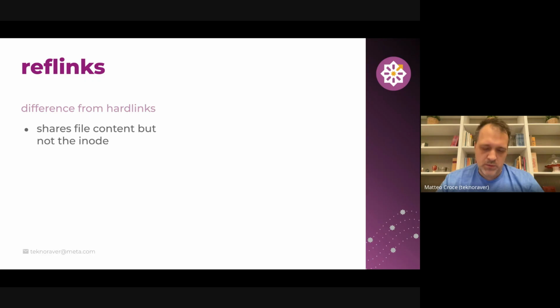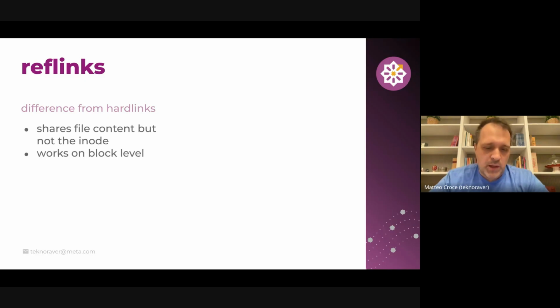So what happens with the hard link is that when you change the metadata of a copy, if you change the owner, the permission, the SELinux attributes, or whatever, you change the metadata for every copy of the file. This doesn't happen with the reflinks because the inodes are different, and only the content is shared.